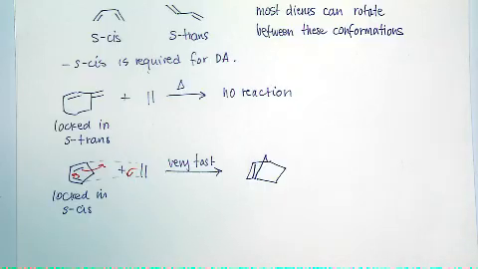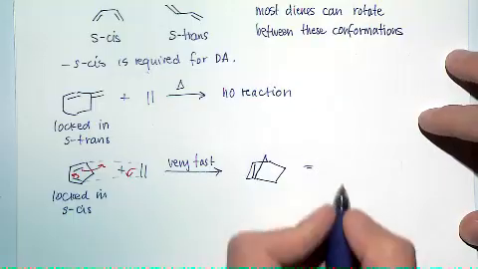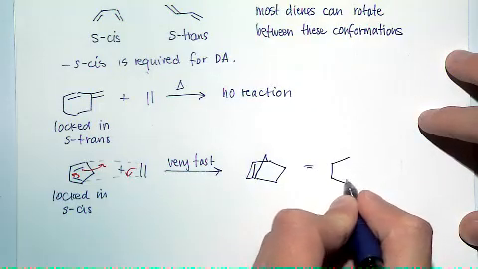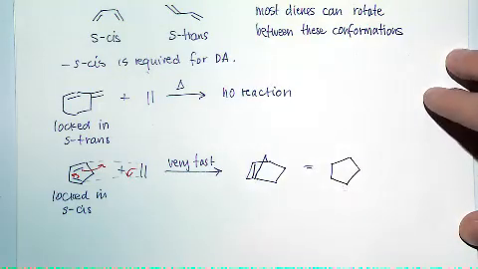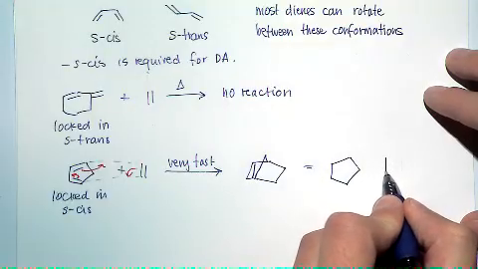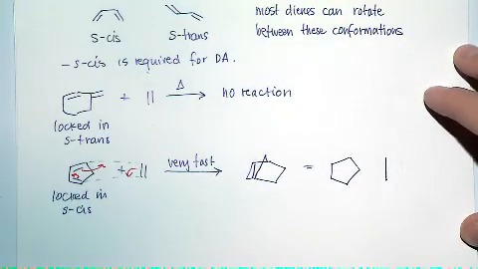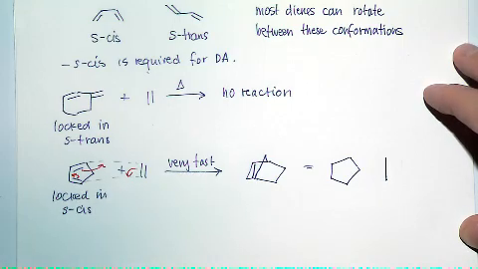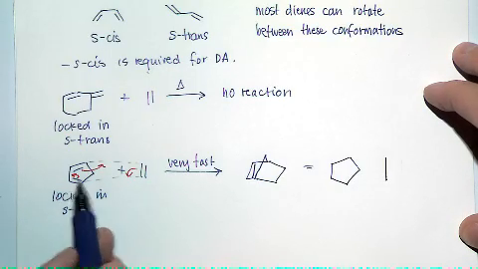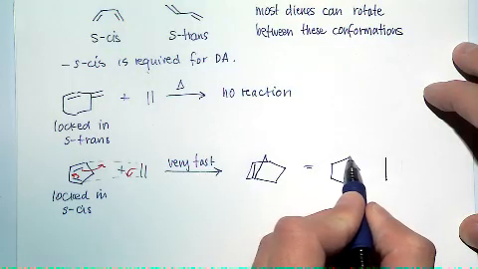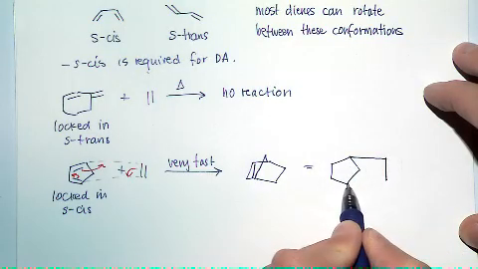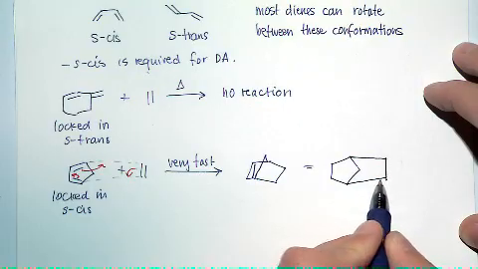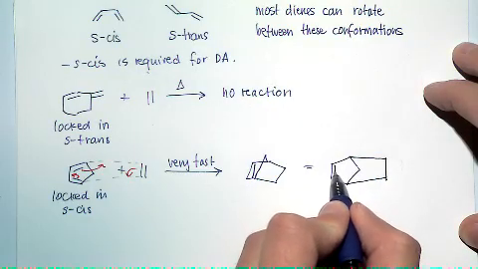Then what you'll get is that shape. Then we've got the part of the dienophile, drawn in the same positions as they are in the starting materials. Then we can draw that bond and that bond. Those are the ones that form in the reaction, and then our double bond.